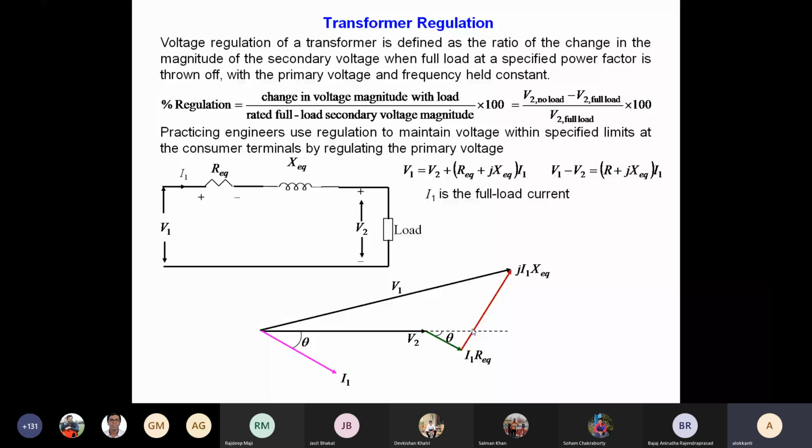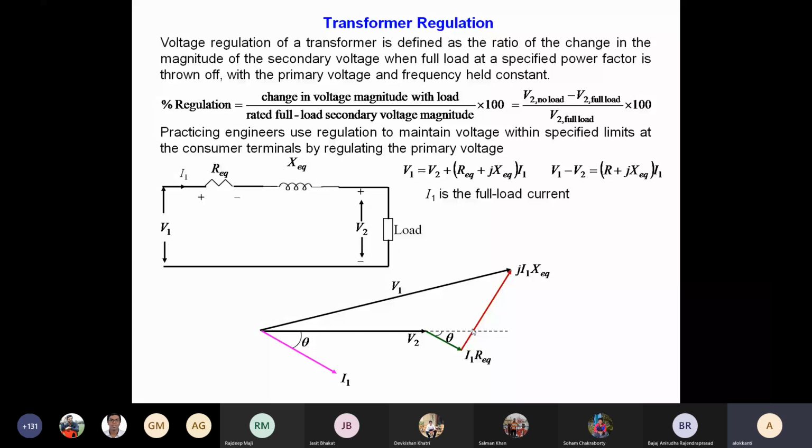So you see, to maintain a certain V2, only the V1 has to be controlled, and the power supply company has control only over the V1 because they are operating the generators. The power supply company cannot control I1 because that is all upon the customer's wish, the way the customers are using the power or what type of appliances they are using.